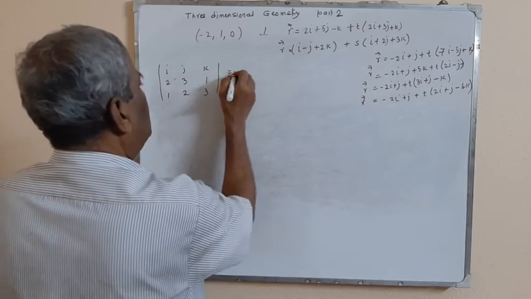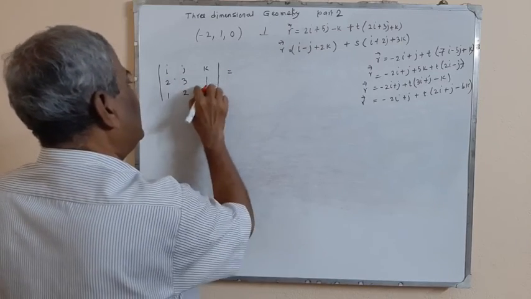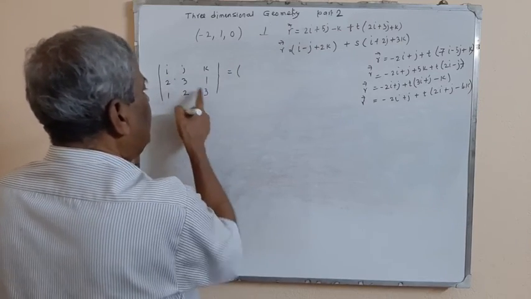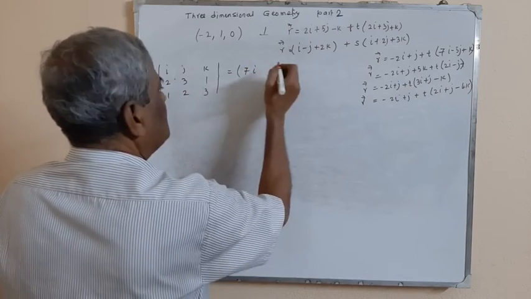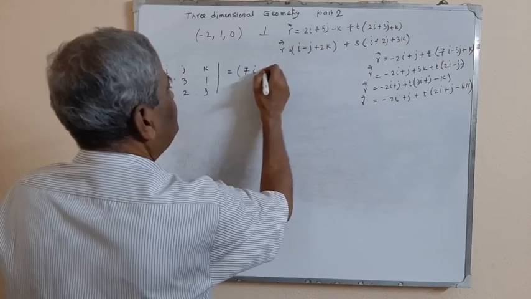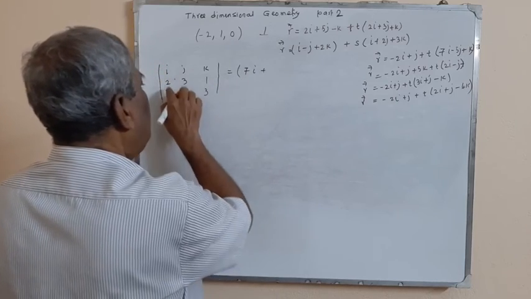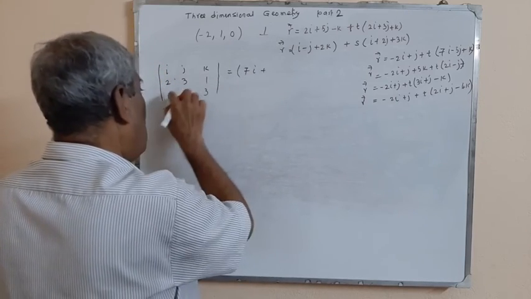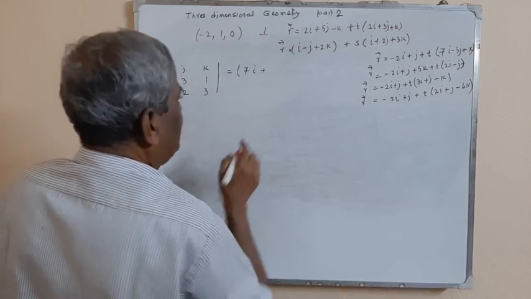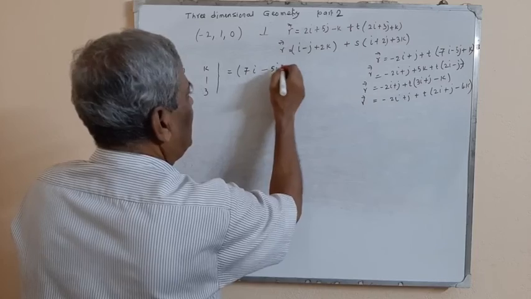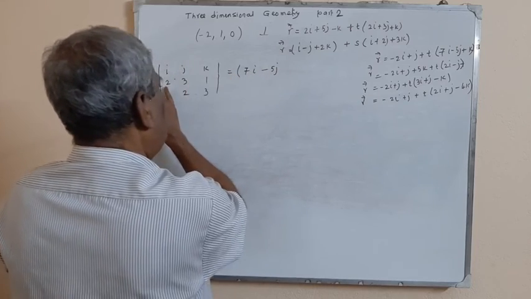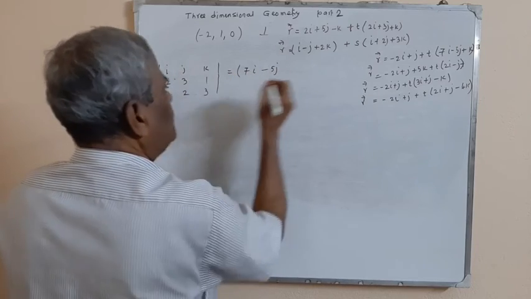That is i into (9 minus 2), that is 7i, plus j times (1 minus 6), that is minus 5, then (4 minus 3), that is 1k.